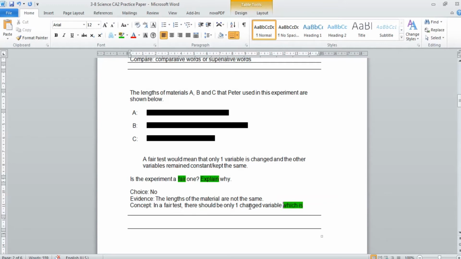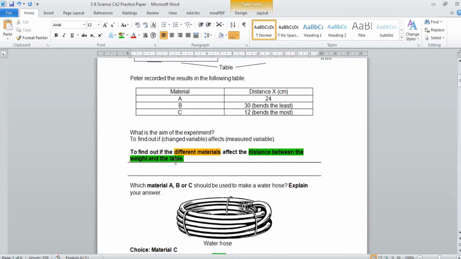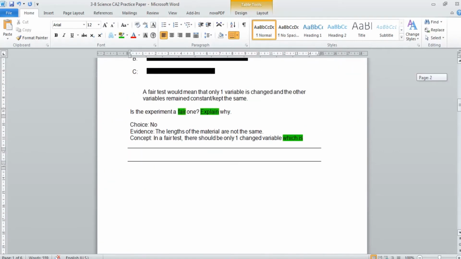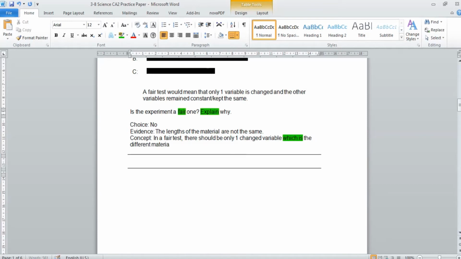In a fair test, there should only be one change variable, which is, okay, what should it be? Just now we said, the different materials. So let's write, which is the different materials.